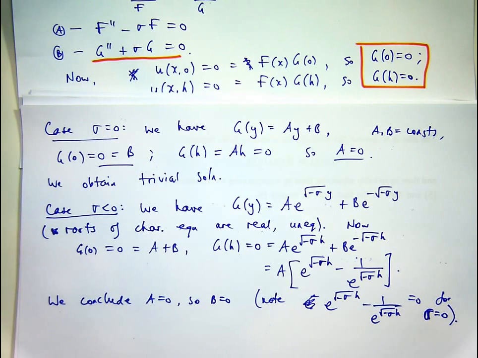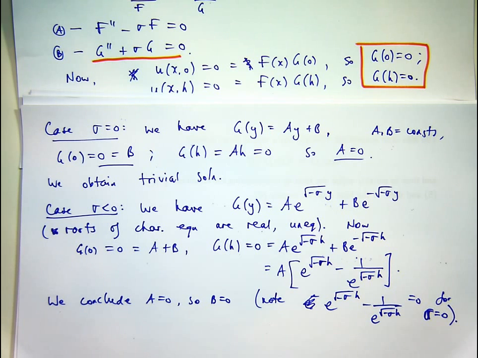So the square bracket cannot be 0 in this case. So what do we get? If A and B in our g of y are 0, we get the trivial solution again. So we can ignore the case when the separation constant's negative.